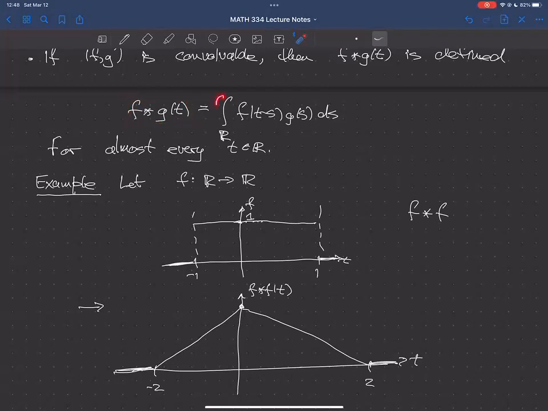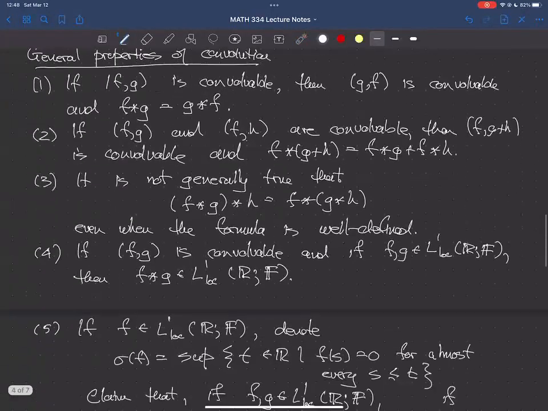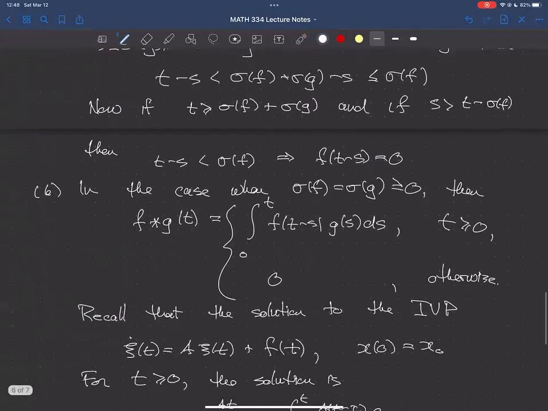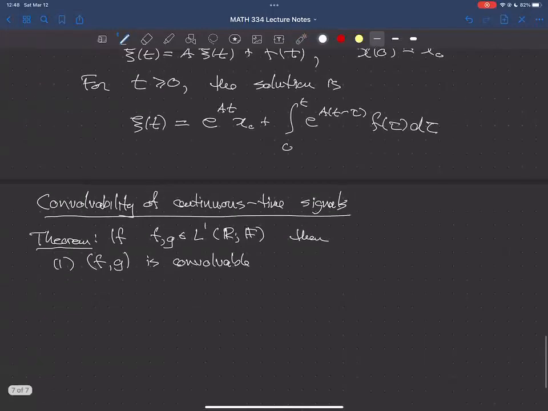The way you show it is in L1 is you integrate this dt, and then you use Fubini's theorem to show that the integral is finite. And so that also gives you the convolvability of F and G. As I just argued by Fubini's theorem, the convolution of F and G is in L1.